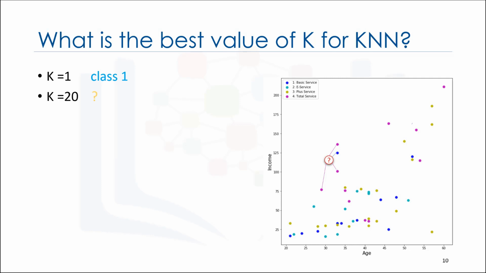Now, on the opposite side of the spectrum, if we choose a very high value of K, such as K equals 20, then the model becomes overly generalized. So, how can we find the best value for K? The general solution is to reserve a part of your data for testing the accuracy of the model.